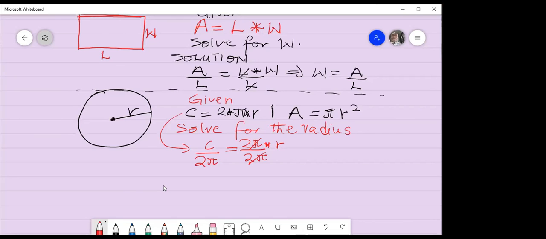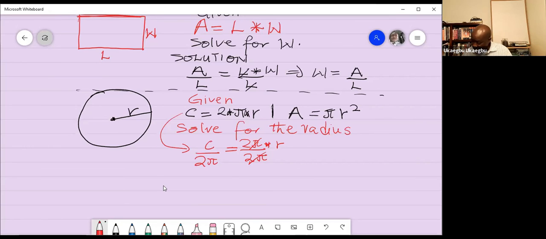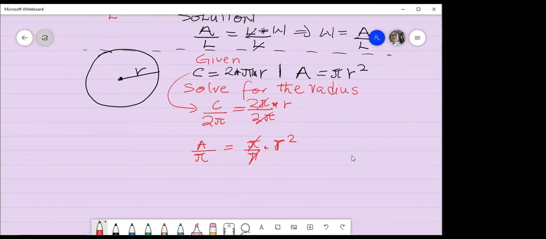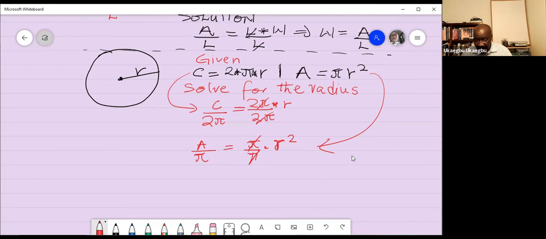You divide area by pi on both sides, and then the pi will cancel out. So he's saying A over pi equal to pi r squared over pi, and then you have r squared. Yes, area over pi equal to r squared.